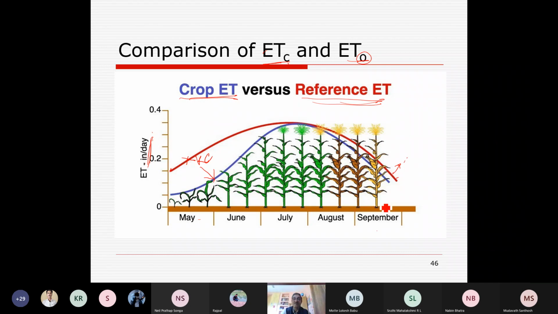There is no limitation of water supply to the alfalfa crop. With respect to that, for any other crop, we are trying to find the evapotranspiration. So ET0, the reference ET, is always more, and it is a matter of Kc to find the crop evapotranspiration. It is a comparison of ETc and ET0. ET0 is usually more than ETc for most crops.